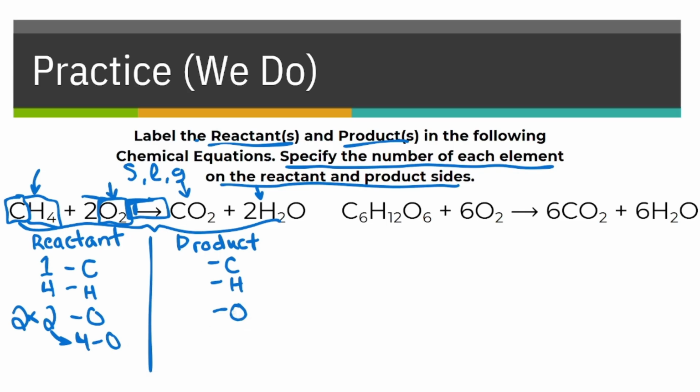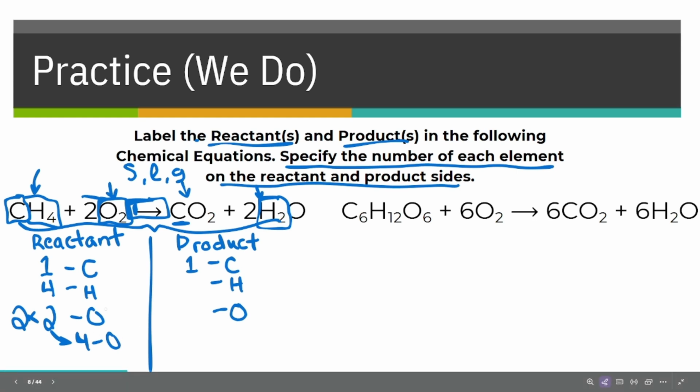Okay, let's do the same thing for the product side. In this case, I'm going to start with carbon. Carbon, again, does not have a subscript, so I have one atom of it. Hydrogen, on the other part, I recognize is split into two compounds of diatomic hydrogen within a water molecule.